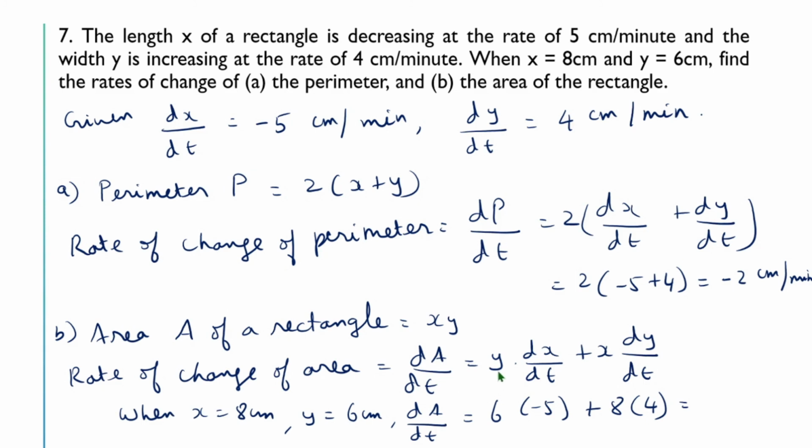So 6 into minus 5 plus 8 into 4 centimeter per minute. So this is minus 30 plus 32. It is 2 centimeter square per minute. So the rate of change of area of the rectangle is 2 centimeter square per minute.